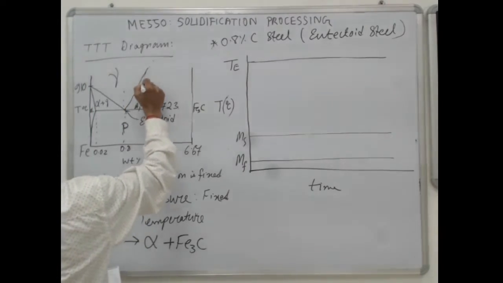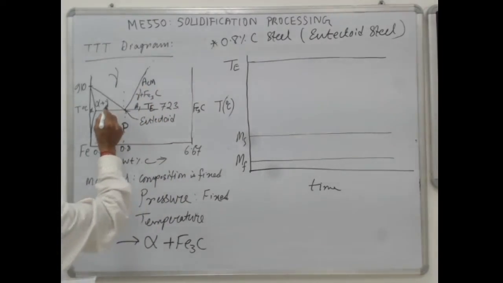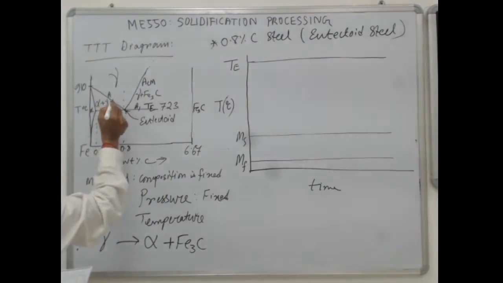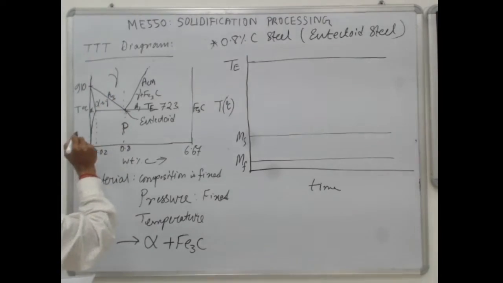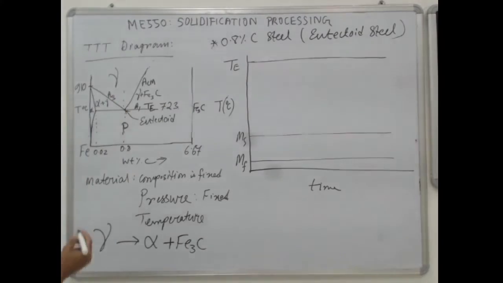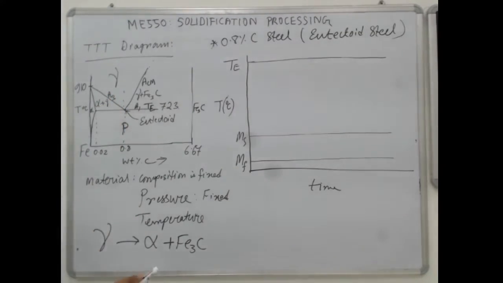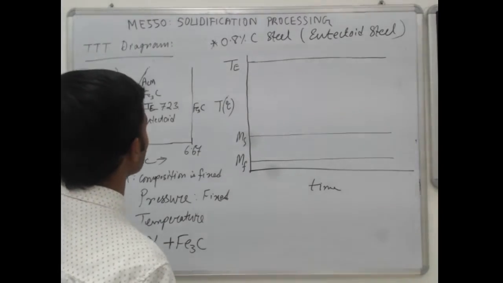This temperature is known as ACM, cementite nucleation temperature, and this is known as A3. A3 means this is the boundary between gamma and alpha plus gamma. So below this temperature, alpha phase will nucleate in the gamma phase.